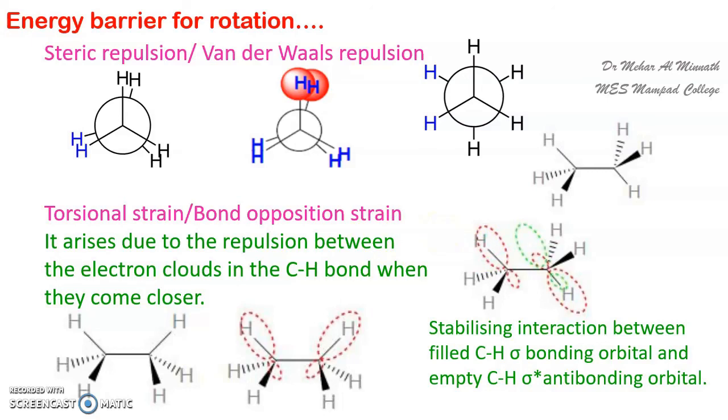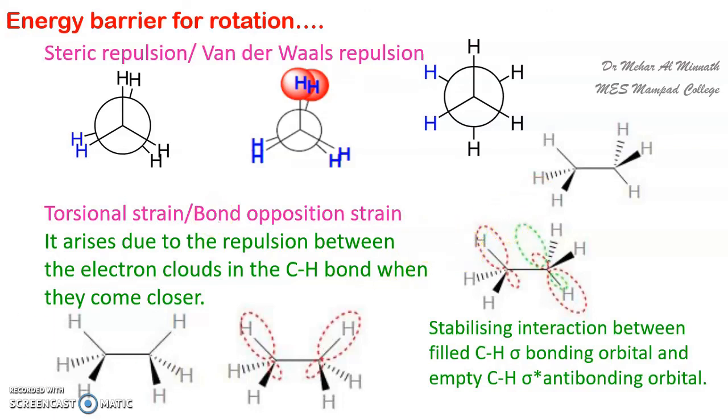So because of this electron delocalization, the molecule will be stabilized. So these are the two reasons for the increase in energy of the eclipsed conformation when compared to the staggered conformer of the ethane molecule.